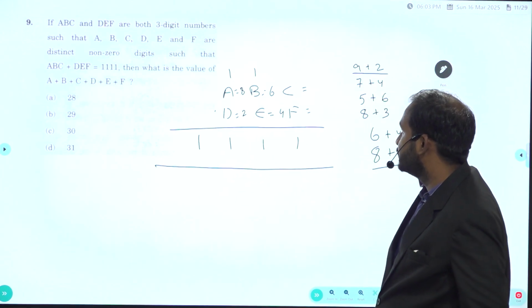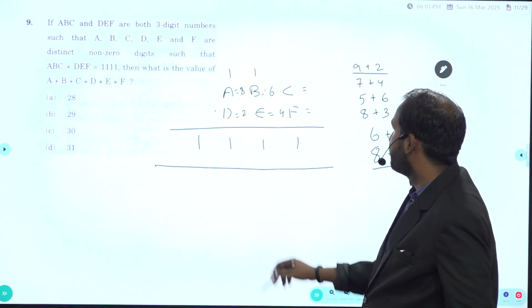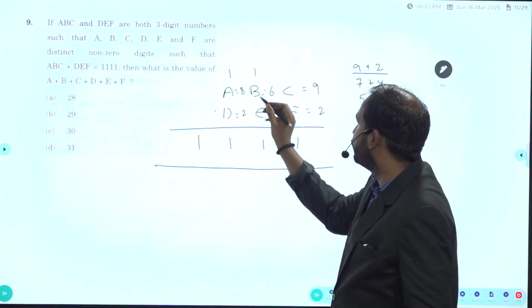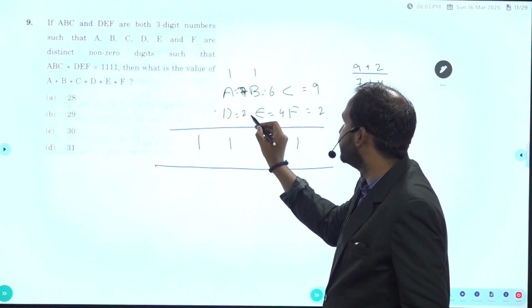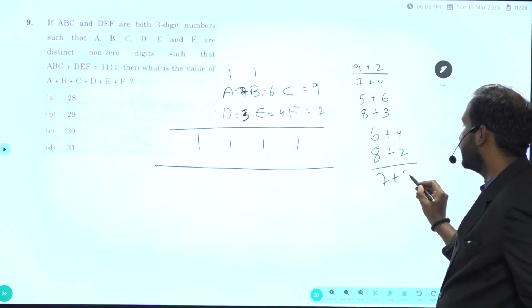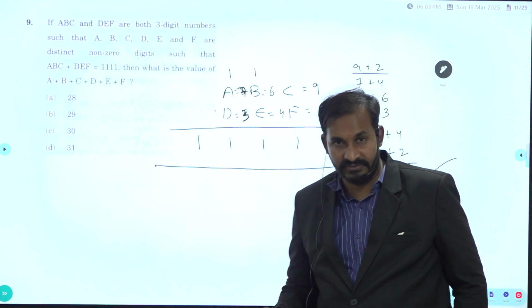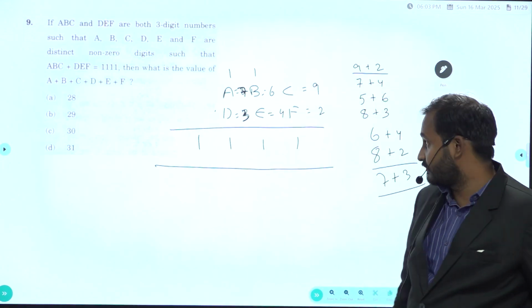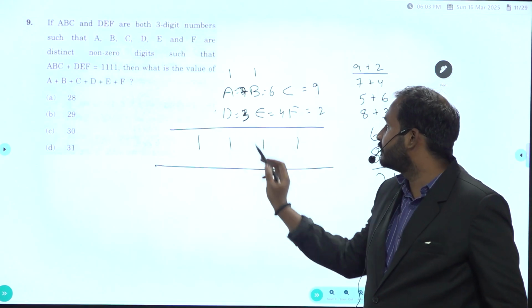Actually we have taken 9 and 2. Instead of 8 and 2, why cannot we take 7 and 3? We can take 7 and 3 also, the sum as 10. Yes, we can take 7 and 3. See, that 7 and 3 can be interchanged, no problem, with 6, 4 also. Anyway, we will get the same thing, 11.